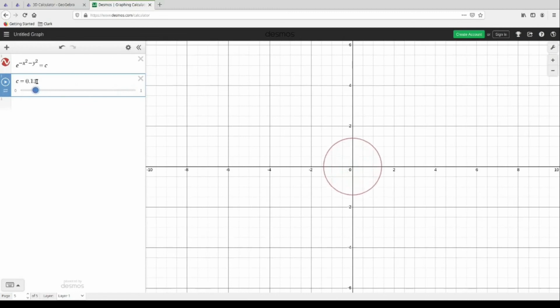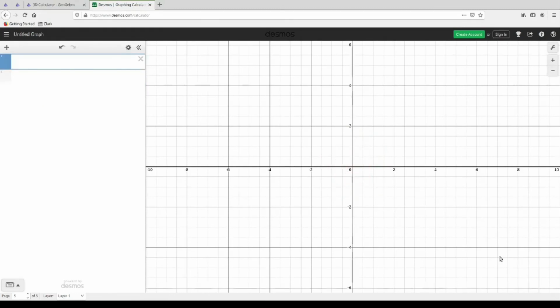So the level curves of this function are exactly circles. For any given value of c, the level curve is a circle. So this is a pretty powerful tool for us in terms of visualizing multivariable functions.